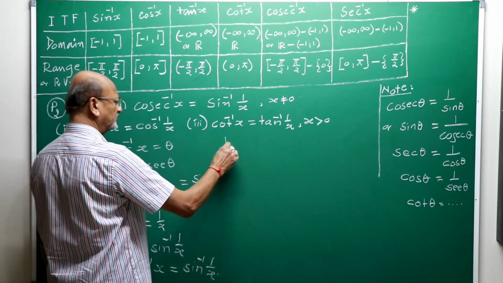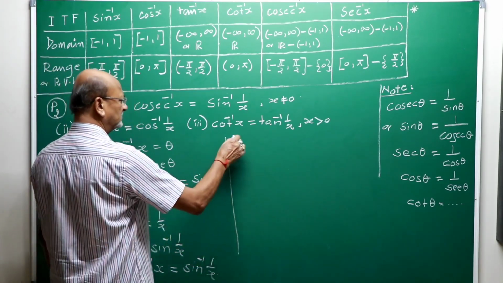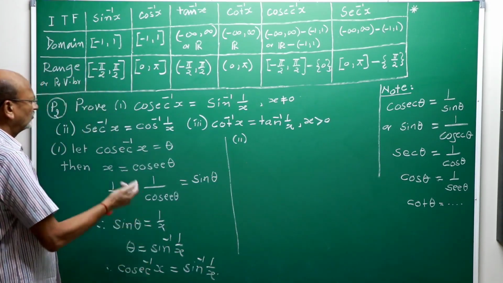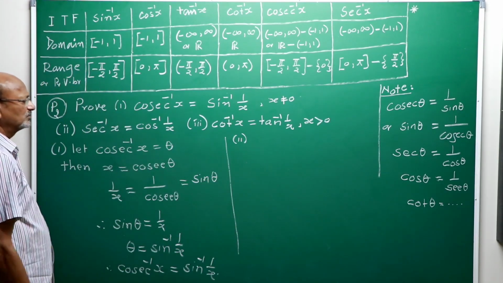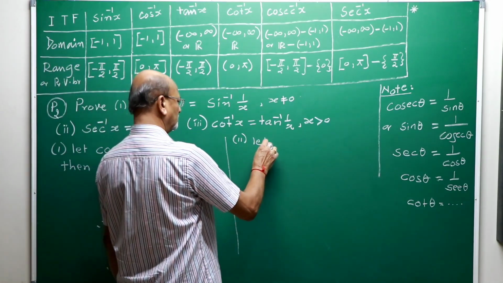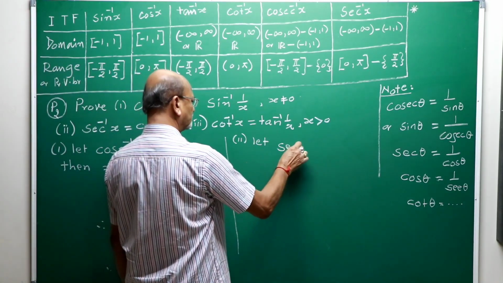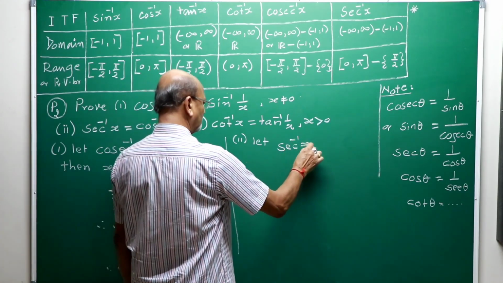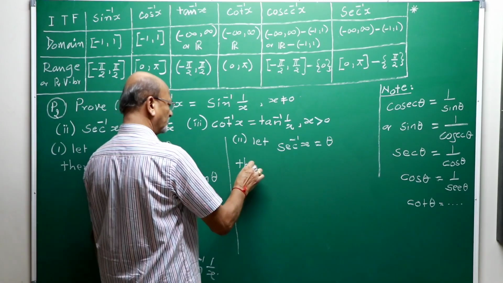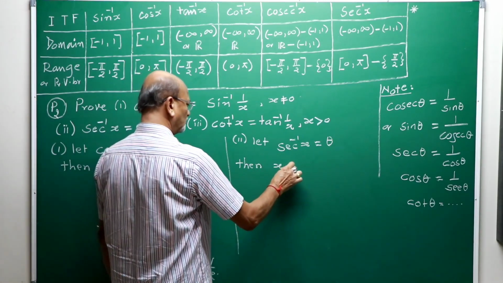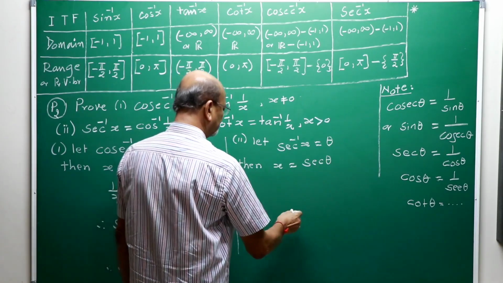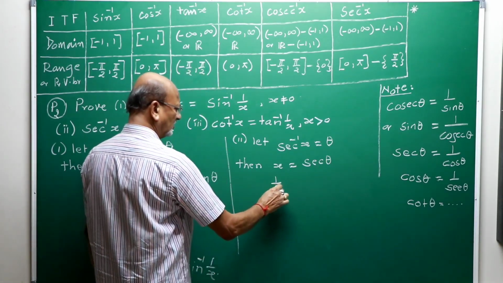On the same lines, we can prove the second. Let sec inverse x equal theta. Then by definition, x equals sec theta. My friends, take the reciprocal, 1 by x.